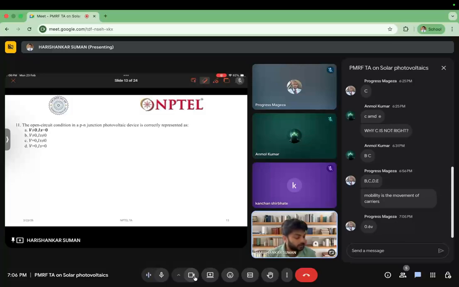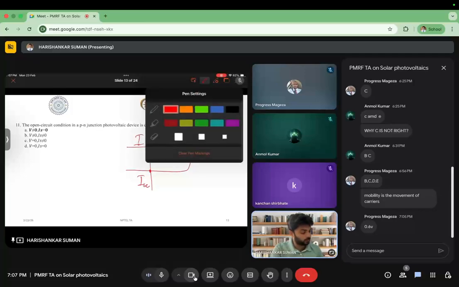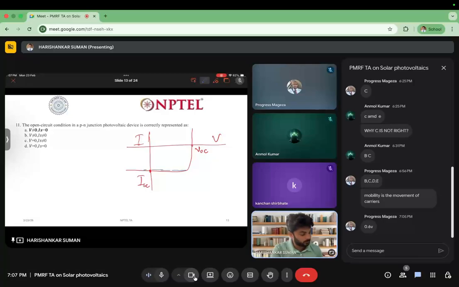The open circuit condition in a PN junction photovoltaic device is correctly represented as. Okay, let's say you have this IV characteristic, I and V. This point is known as ISC, the short circuit current, this is the open circuit voltage, and one point is the maximum power point here.